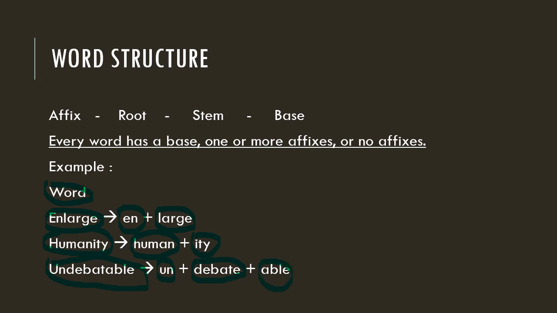So from here, you can find out that a word can be the word itself with no affix. It maybe has one prefix, one suffix, or both prefix and suffix. And the more you know about the English word, the more English structures you will find.